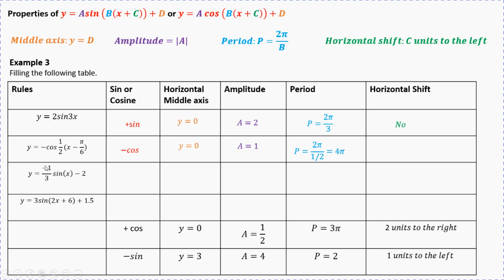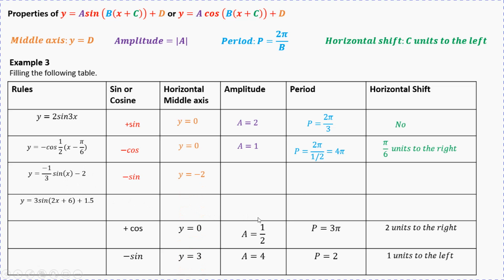And horizontal shift, this time, that's minus π over 6. Okay, if you take away π over 6 from x, that means you shift the graph to the right by π over 6, right? So π over 6 units to the right. Okay, minus 1/3 sin x minus 2, that's a negative sine graph, horizontal middle axis, and you can see that's minus 2 there.